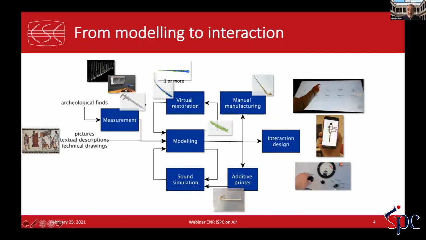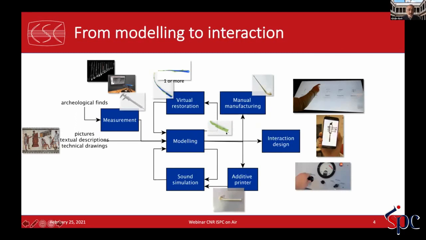From these techniques, we can directly obtain a first rough three-dimensional model of the instrument or of parts of the instrument. And then by means of numerical processing, we can virtually restore the instrument. Interestingly, we can obtain many different versions using different sets of assumptions and hypotheses.